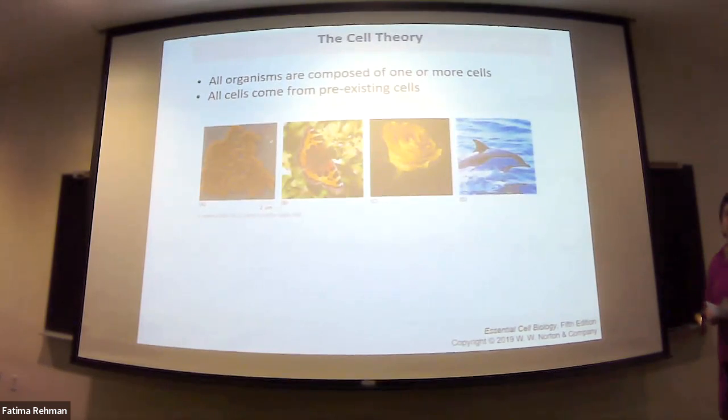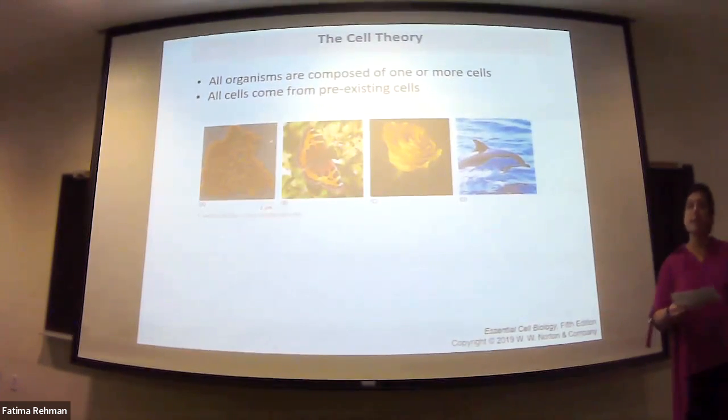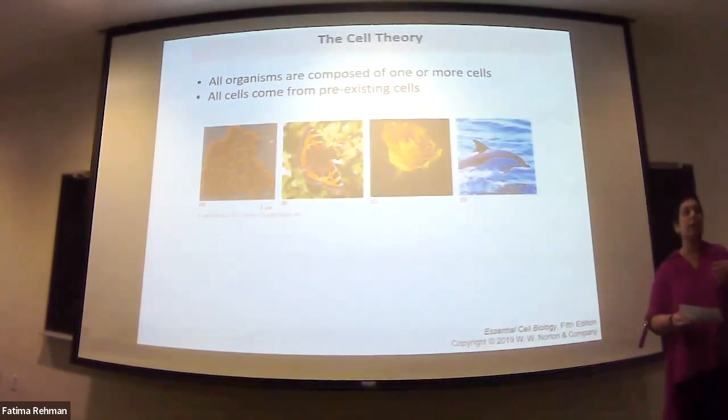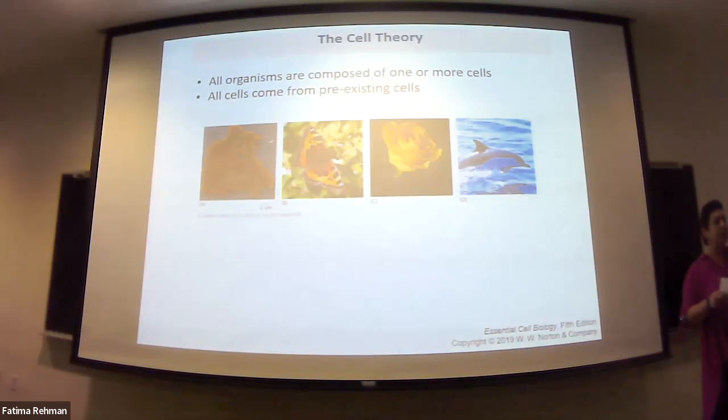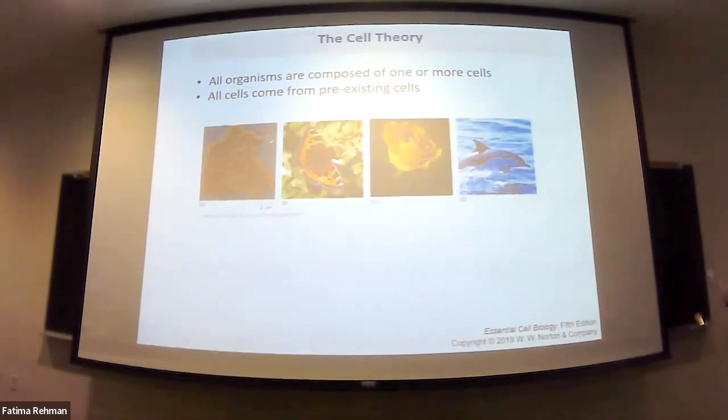These cells are not coming out of nothing, right? They have to be coming from other cells only. Typically, a cell of that same type is going to divide and give you more cells of that same type. And that's true for single-celled organisms as well as multicellular organisms.